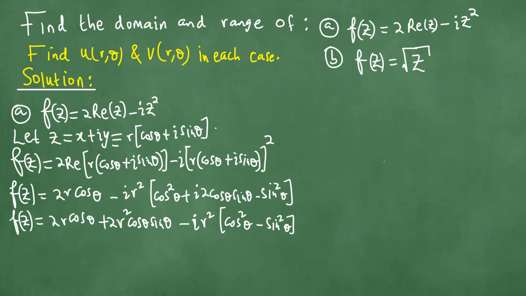Now what is this? From this, we're able to see hence that u of r theta is twice r cosine theta plus 2r squared cosine theta sine theta.